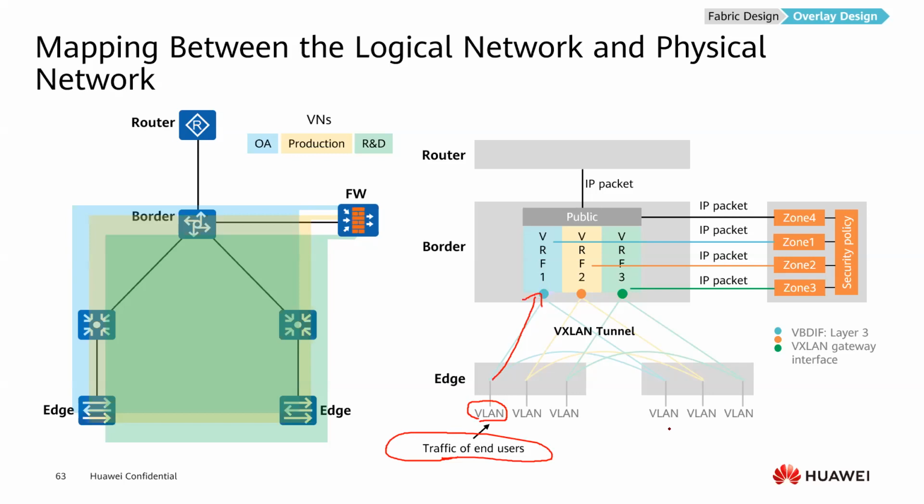And if the users belong to the same VN, they can directly connect with each other. Also, you can go through different firewall zones to apply different security policies. Or you can use the VSs of the firewall to connect to different VIFs. It's also okay.